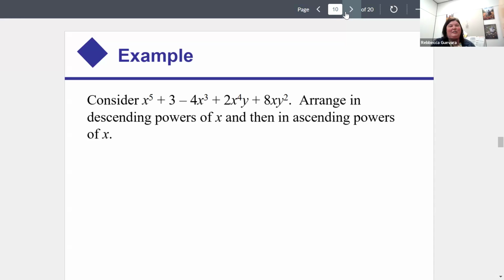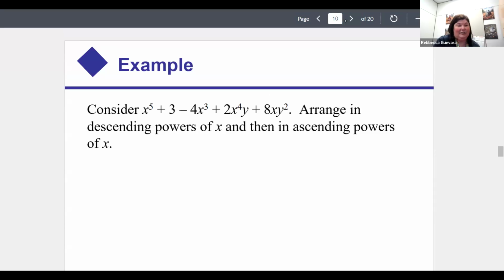So we are going to consider the polynomial. In this case, I have 2 variables. So I'm going to arrange it in descending powers of x, then ascending powers of x. So we're not doing it by degree, we're doing it by one variable. If I'm just doing descending powers of x, even though I have a y, we're not looking at that.